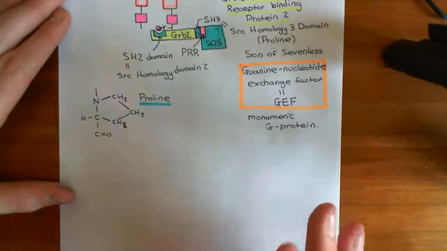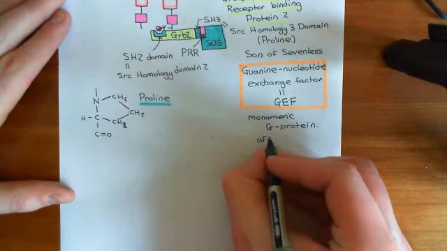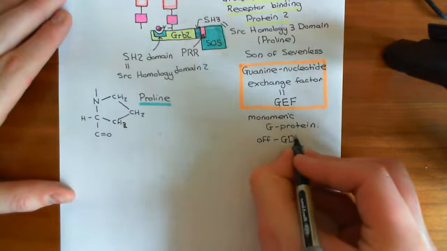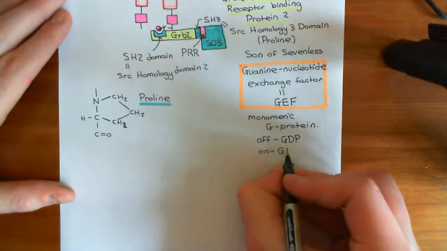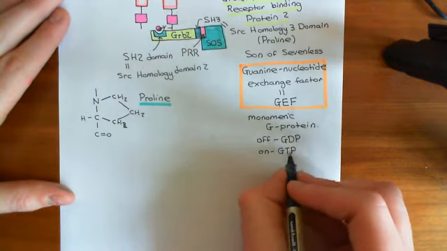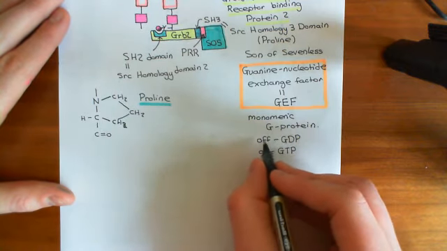So the principle of a monomeric G protein is that it has two states: an off state, in which it has guanosine diphosphate, GDP, bound to it, and an on state in which it has guanosine triphosphate, GTP, bound to it. In the on state it will have all sorts of signaling roles, and in the off state it won't have these roles.